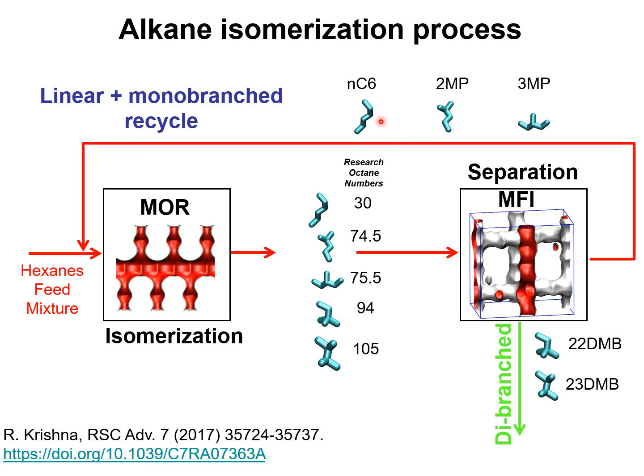The stream containing normal hexane and the monobranched isomers 2-methylpentane and 3-methylpentane is recycled back to the reactor for further isomerization to the dibranched isomers, and the dibranched isomers from the adsorption separation unit are recovered and sent to the gasoline pool for producing high octane gasoline.